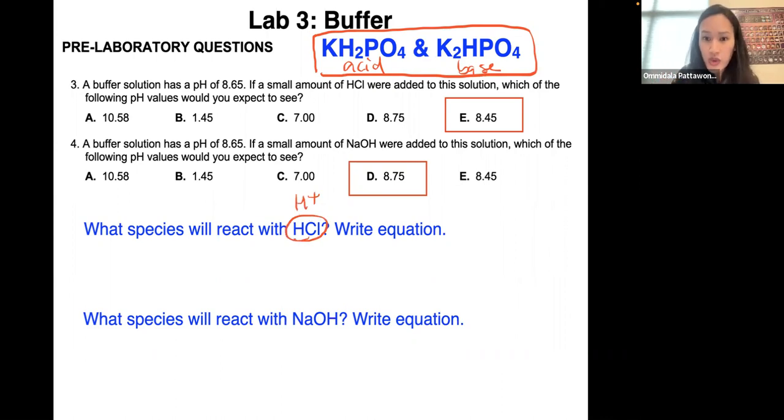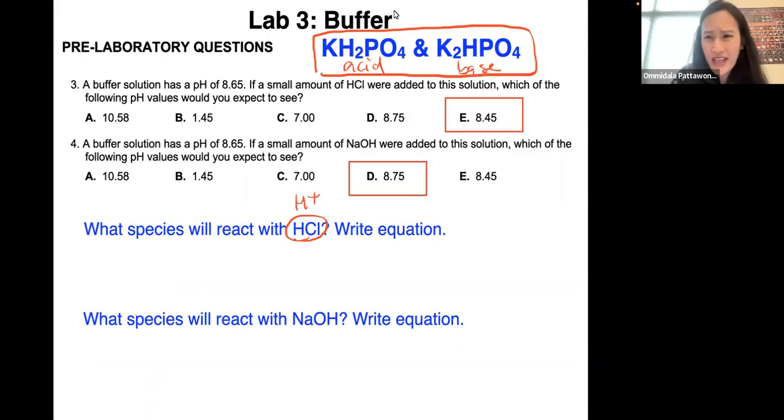Which one is going to neutralize that? The way that a buffer can resist a pH change is through the neutralization reaction. In this case, we have hydrochloric acid and these two conjugate acid-base pair. You probably notice that the acid that is added will not react with an acid, right?